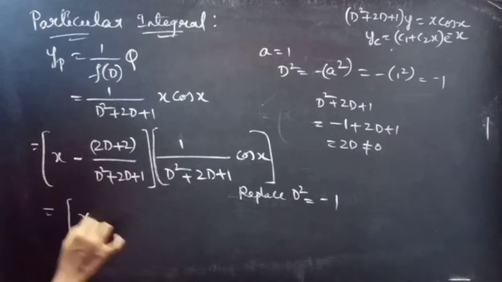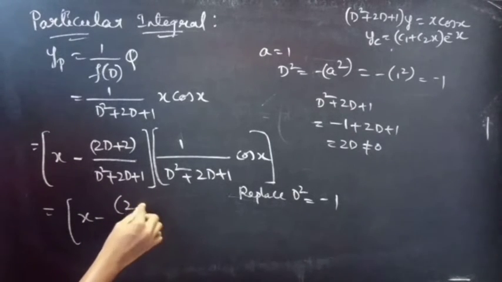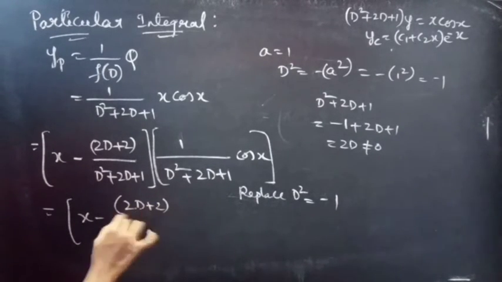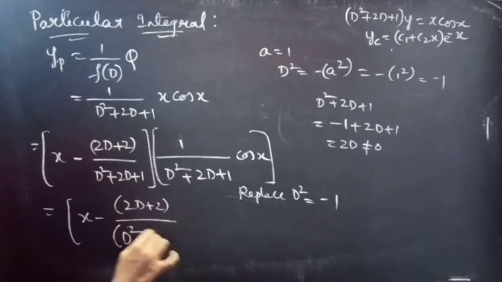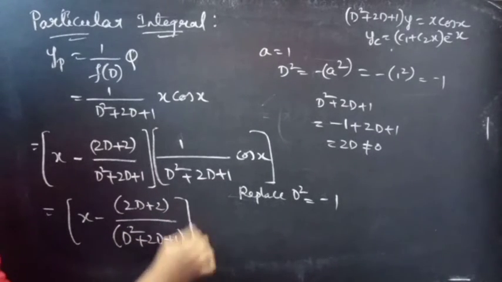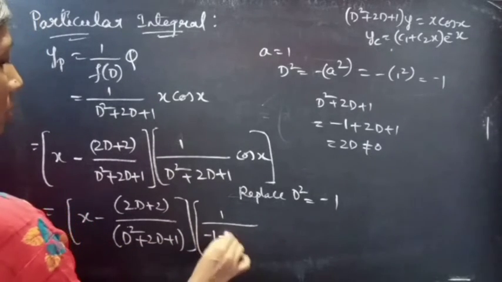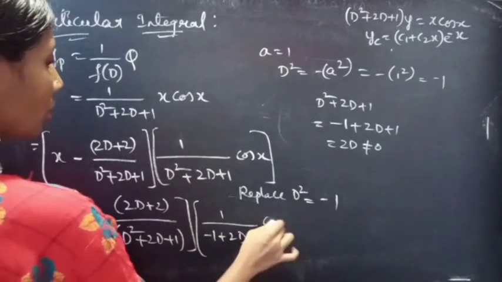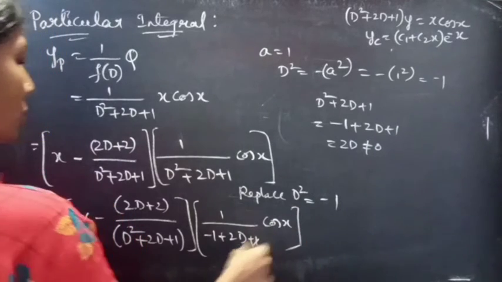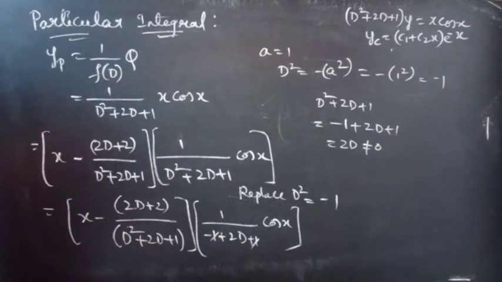We'll get x minus (2D plus 2)/(D² plus 2D plus 1) into, replace D² by minus 1, we'll get 1/(minus 1 plus 2D plus 1) into cos x. Here plus 1 minus 1 gets cancelled.